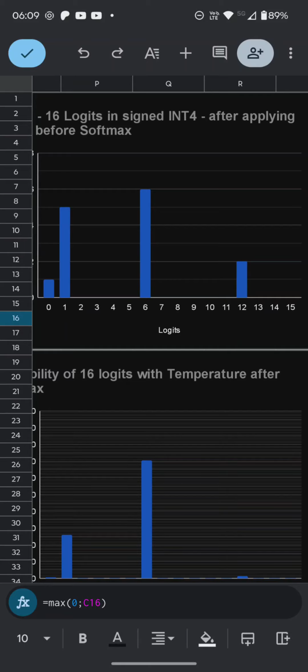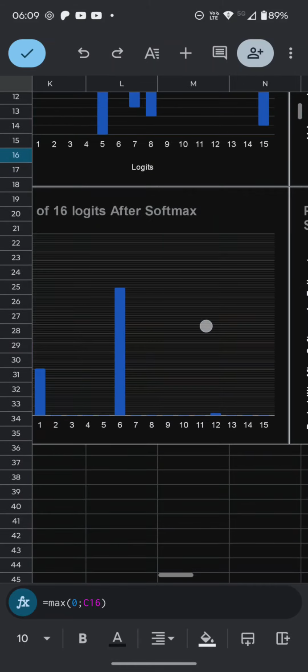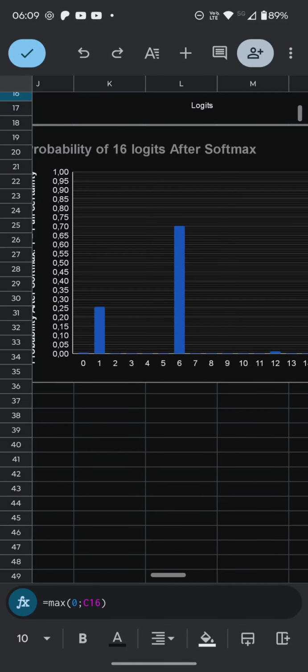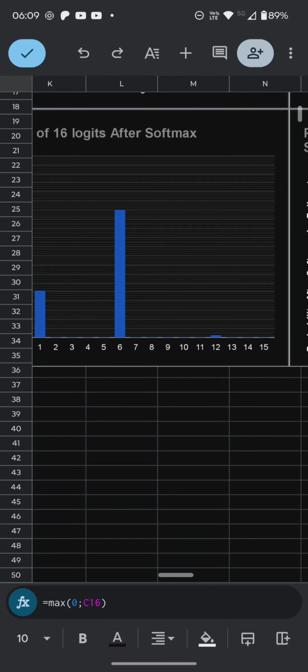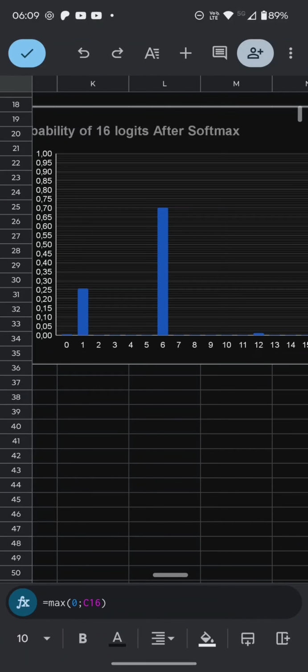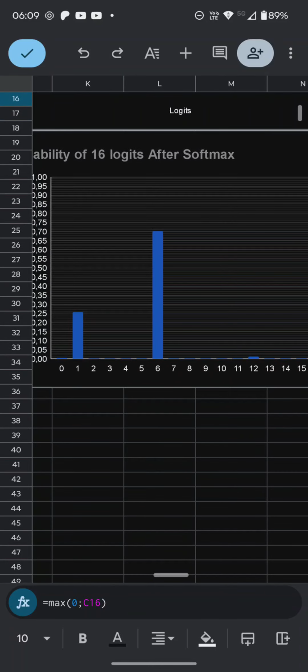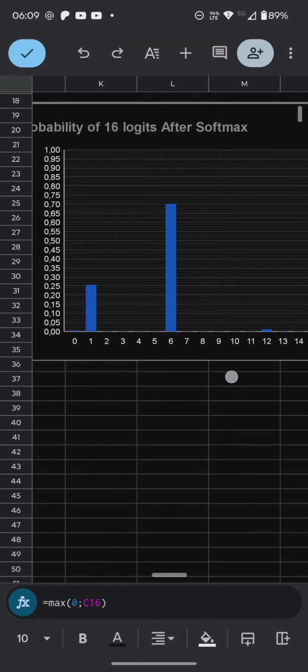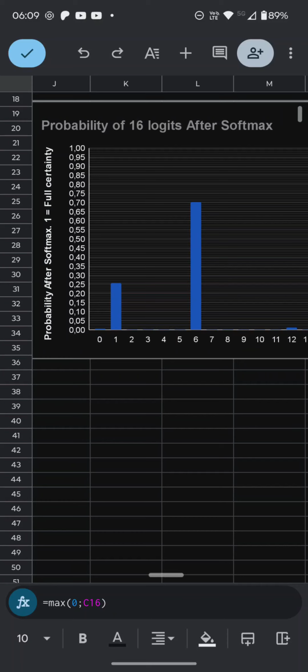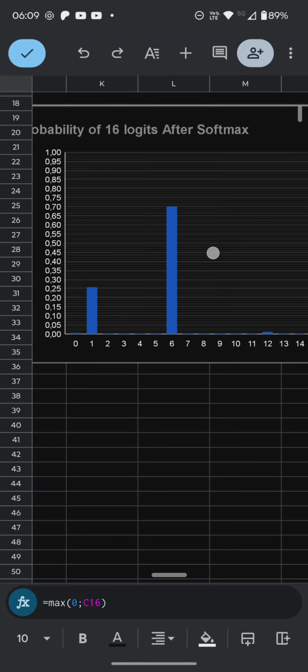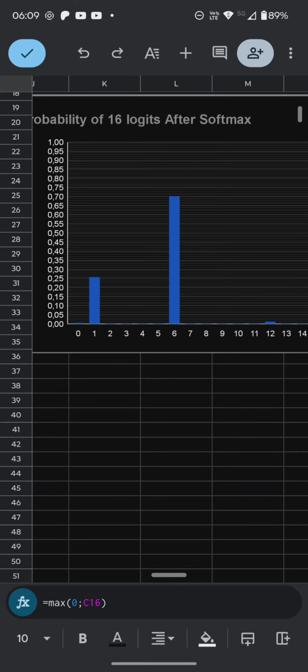Everything else has a value of 0. And next is the probability of those logits. As I said, softmax is extremely simple. The equation looks way scarier than it is. I never thought I would understand softmax, but it's so easy.